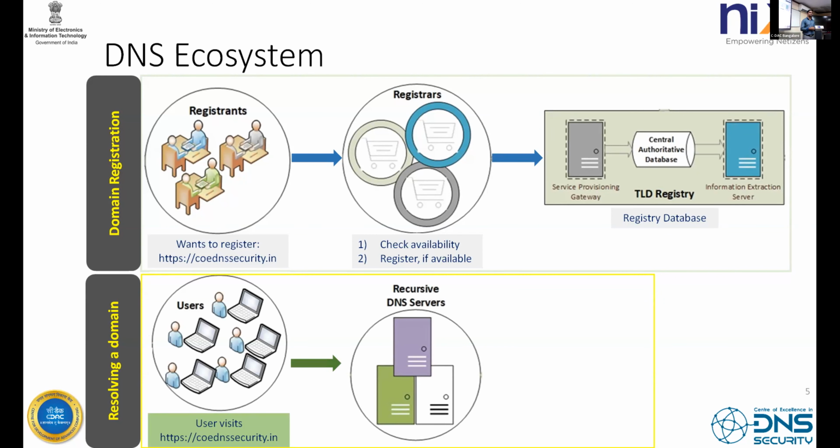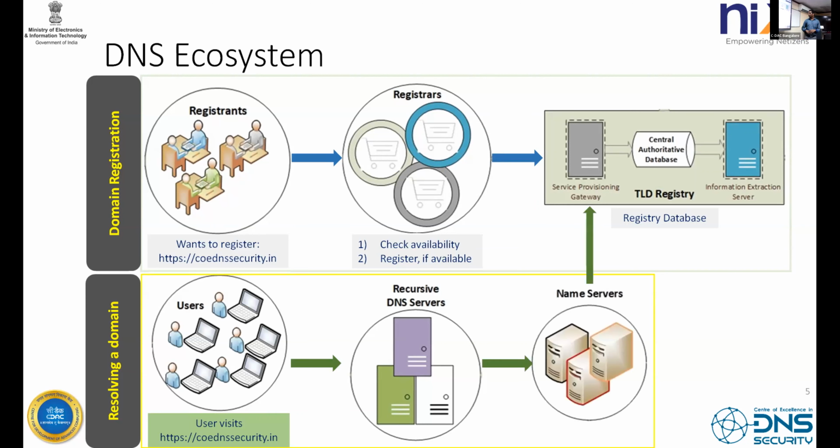We have several service providers, starting from BSNL and MTNL. Depending on the service provider, the closest recursive resolver will be accessed to find the IP address of the website coidnssecurity.in. There are a few more details between these two, which we'll cover in the further slides.